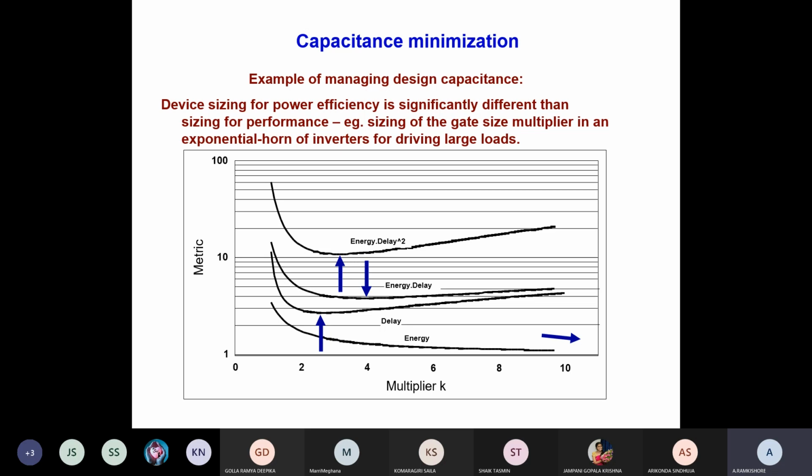To minimize this disadvantage, whatever design we have, it may be a combinational circuit or sequential circuit, it is possible to operate the device with the help of both hardware and software based approaches to minimize switched capacitance.